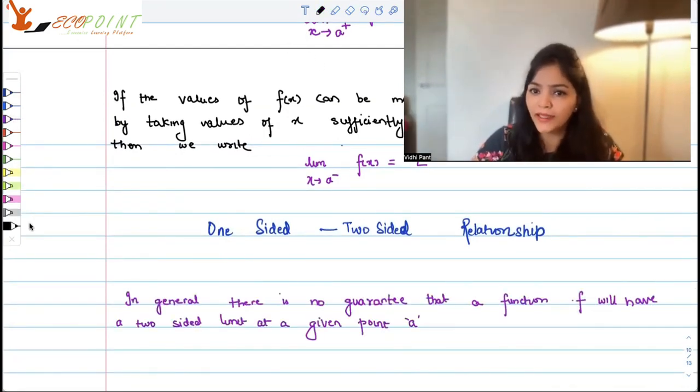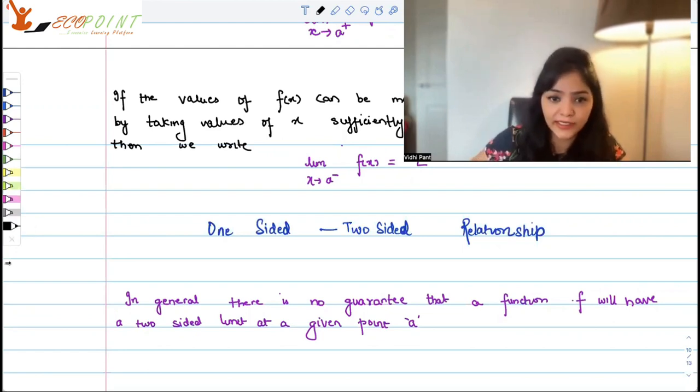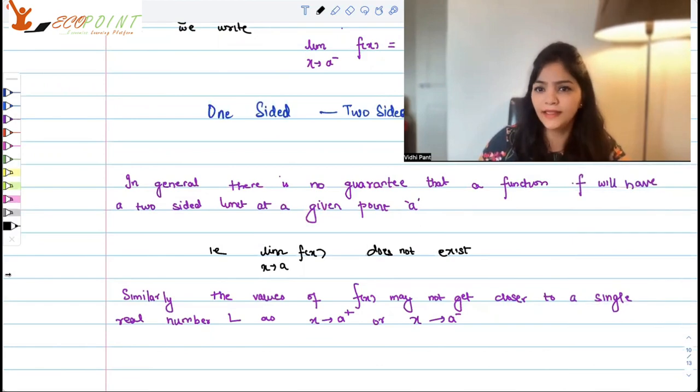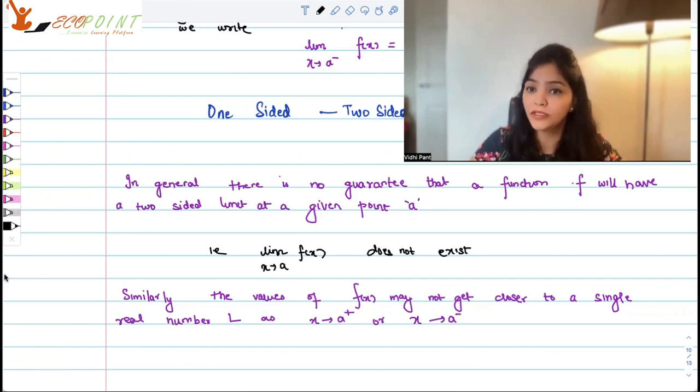In general, there is no guarantee that a function f will have a two-sided limit at a given point, say a. That is, it's not necessary that f(x) will be approaching a certain value L every time as x is approaching a. That might not be certain. In that scenario, we say that the limit as x tends to a of f(x) does not exist. Exactly the same way, it can so happen that the values of f(x) may not get closer to a single real number L as x approaches a from the right.